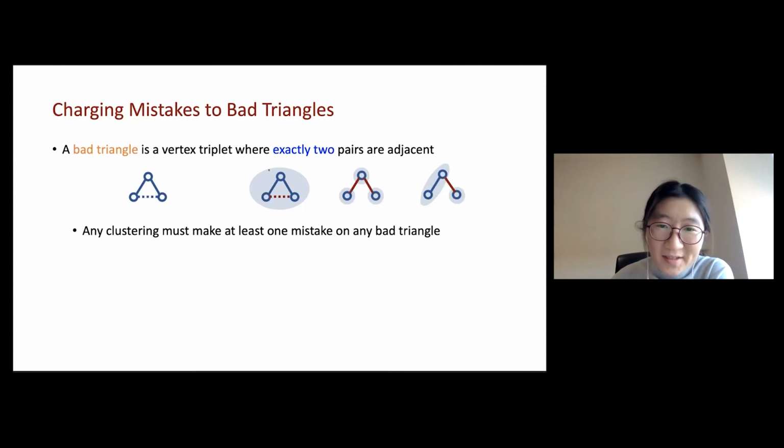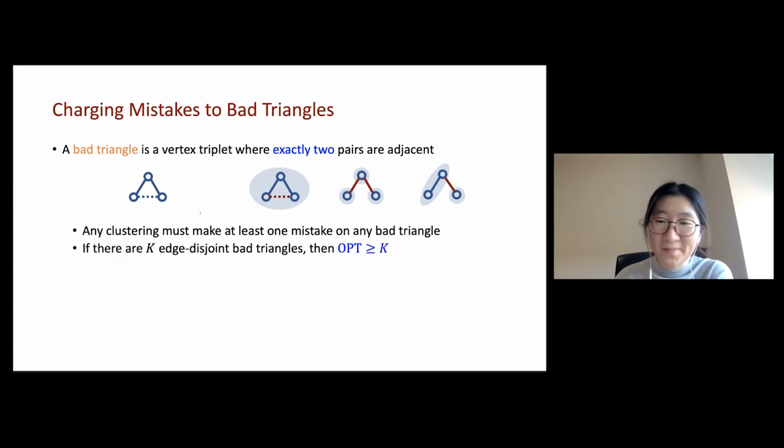For example, a clustering that puts all these 3 vertices inside the same cluster gives a cost of 1 for this red non-edge. For the clustering producing 3 singletons, we pay a cost of 2 for the 2 red edges. And for this last clustering, we pay for this red edge that goes across the 2 clusters.